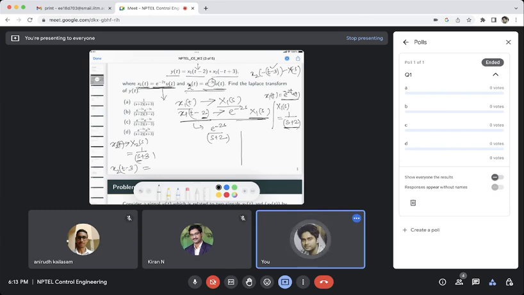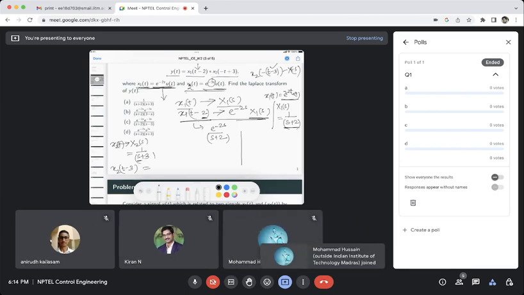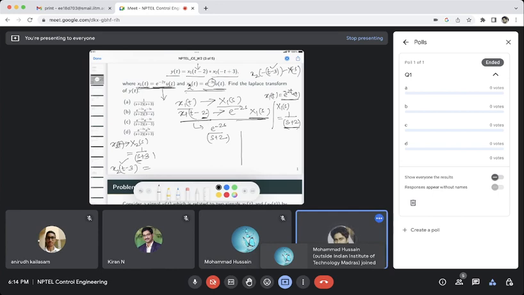So you have this expression for x2: e to the power minus 3s times X2 of s, where instead of s you just put minus s.